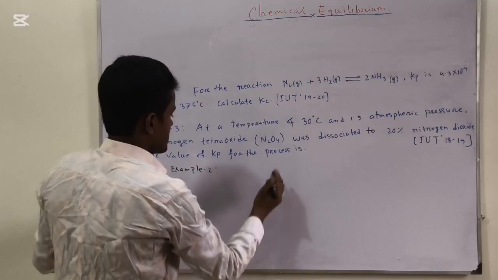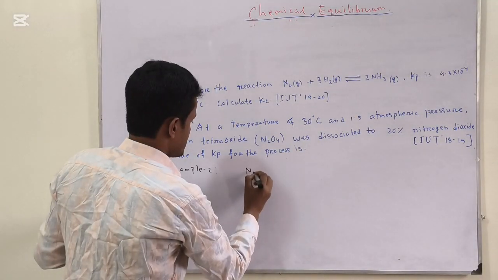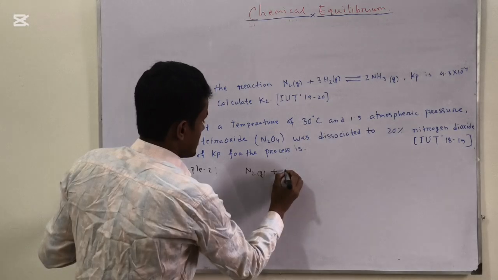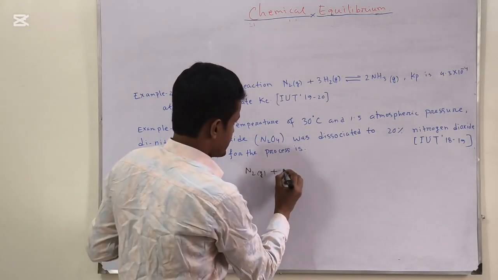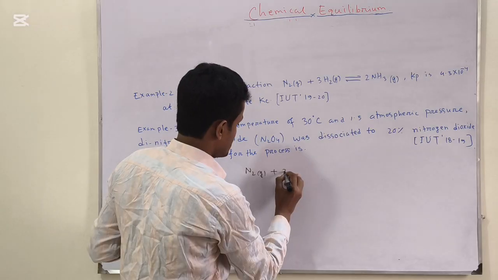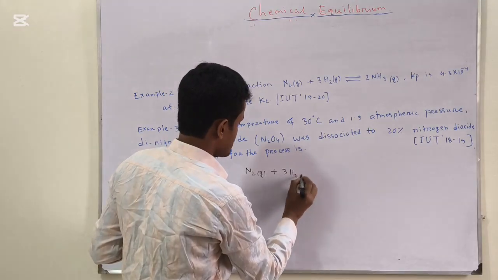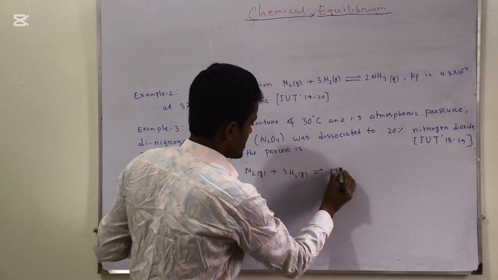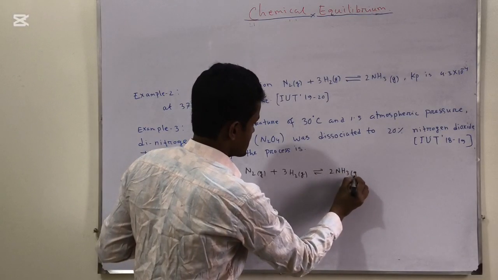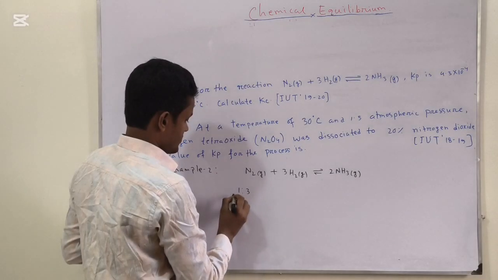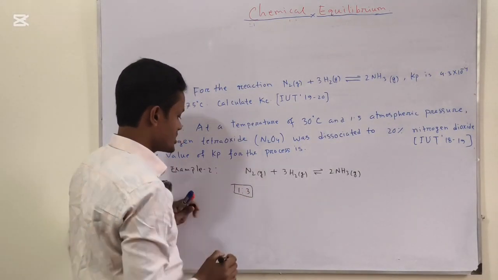For the equation, we can write nitrogen reacts with hydrogen, then produces ammonia gas, in a 1:3 ratio.